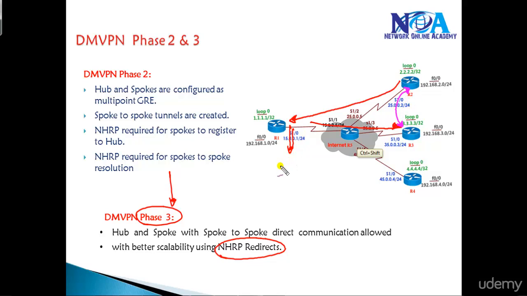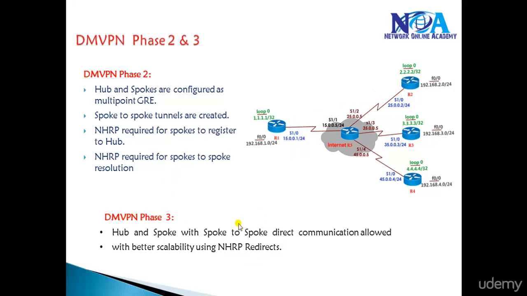In phase 3 we configure the command ip nhrp redirect, which indicates the current path is not the best path, and the receiver of that message, that is our spoke, is going to find the better path to the destination. So that one command is the only thing that differentiates phase 2 and phase 3.